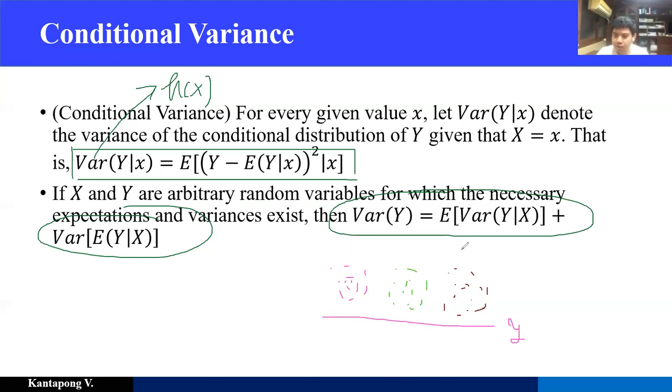So the variance is that we first find the variance within the group: the variance within X1, the variance within X2, and the variance within X3. That is this term, the variance within group.